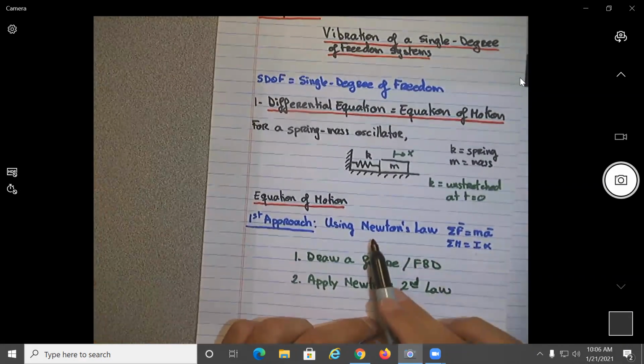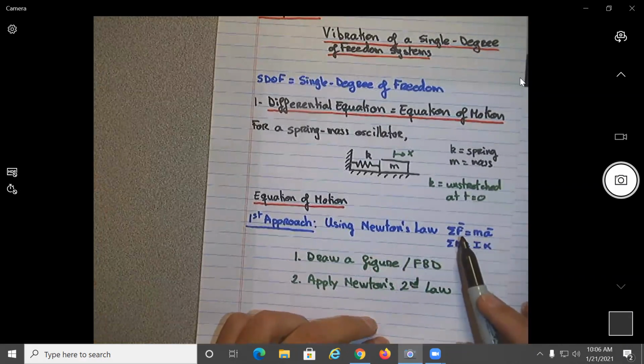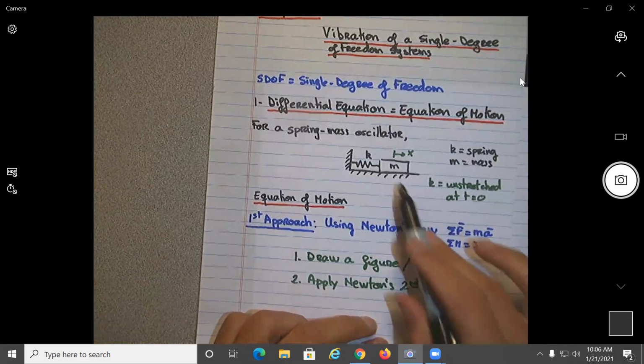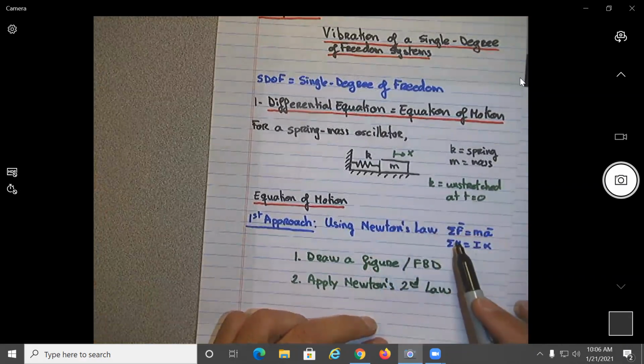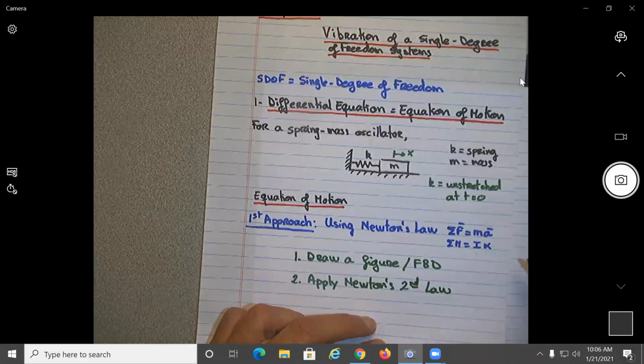Since we use the equation summation of forces equals MA, the left-hand side refers to the forces acting on the mass. Actually, these are the external forces. And MA refers to the inertia effects that are induced by the motion.